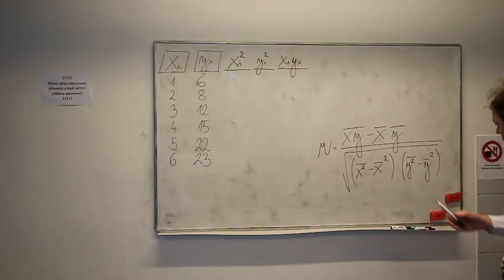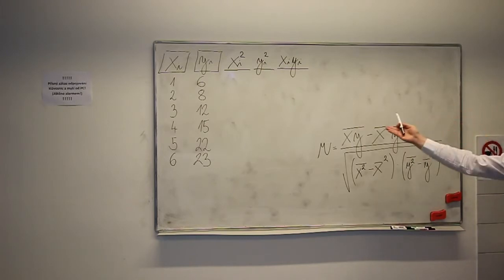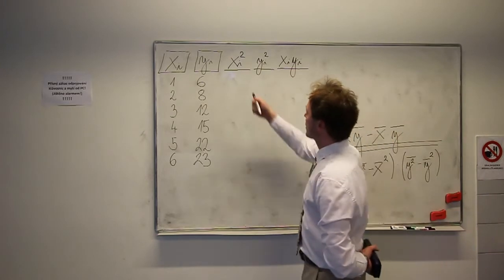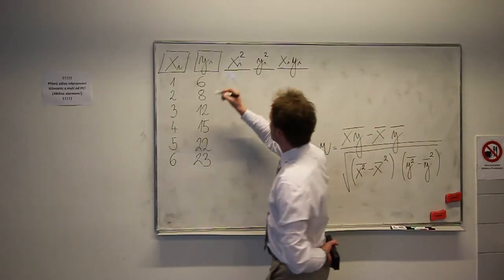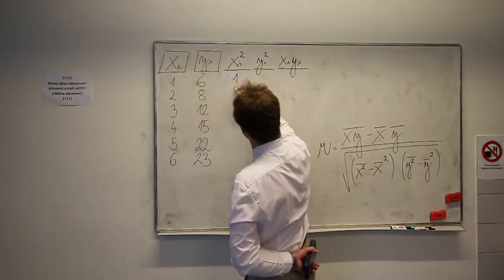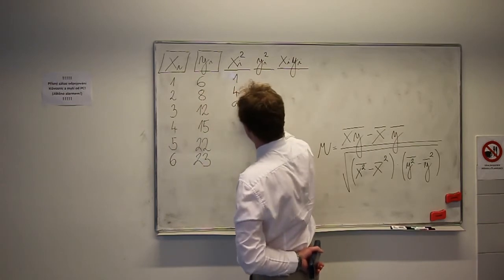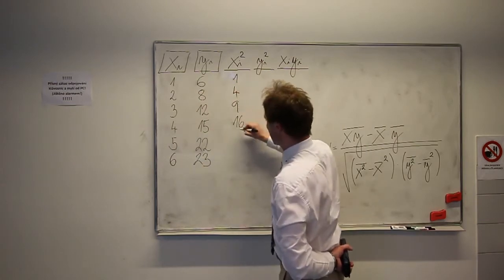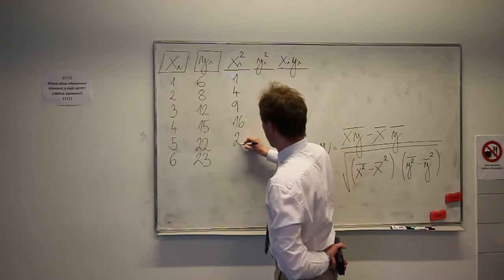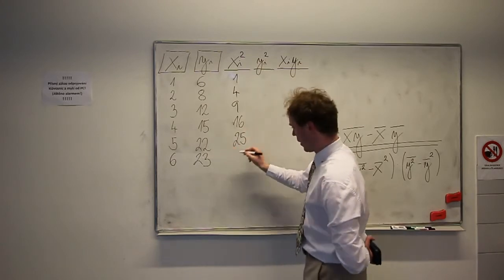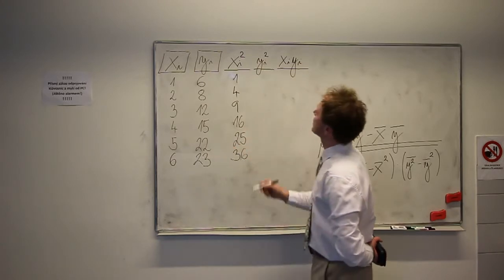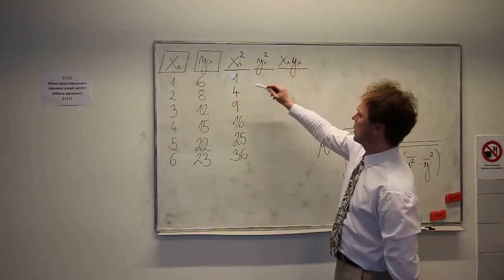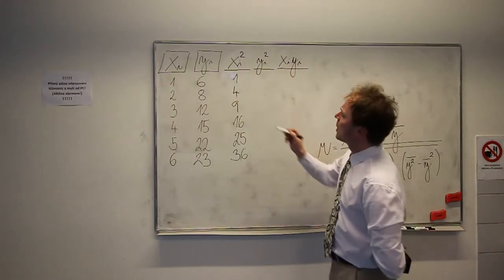And when we calculate this, we have everything, and we can use this formula for calculation of the correlation coefficient. So the second power of variable x: 1, 4, 9, 16, 25, and finally 36. This will be maybe a little bit complicated.